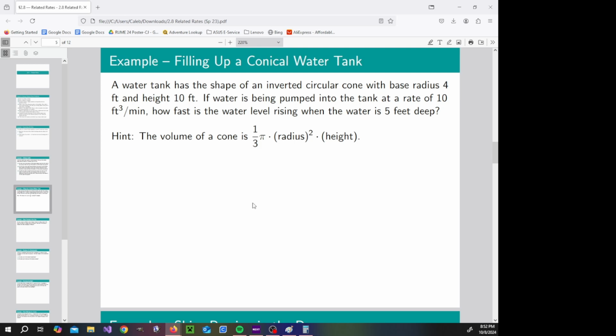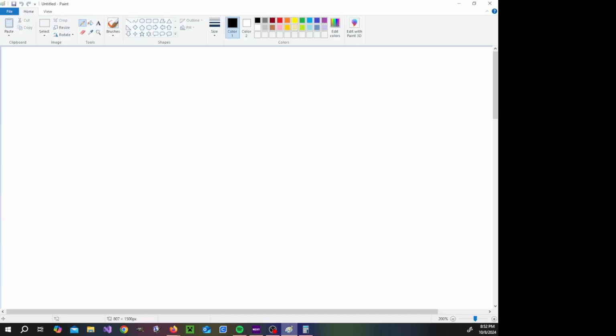Okay, so let's do our best to comprehend whatever it was that it just told us. So it tells us that we have an inverted circular cone. Well, a circular cone is just the cone as we normally think about it, and to say it's inverted just means that it's sitting on the tip like that. So immediately, this is way too small for what we're going to draw.